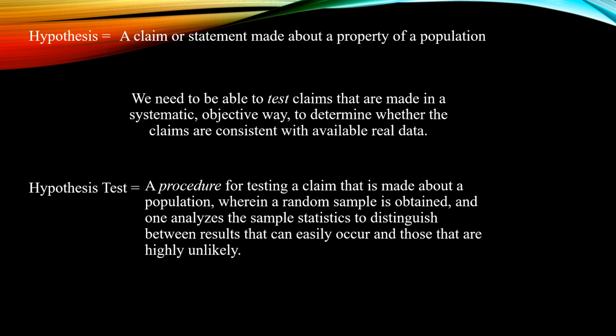A hypothesis test will let you use a specific set of steps where you take a random sample, calculate a test statistic from that sample, and determine whether the sample result that you get is likely to occur by chance, or whether it is a normal occurrence, meaning that it would be similar to what the claim is being made.